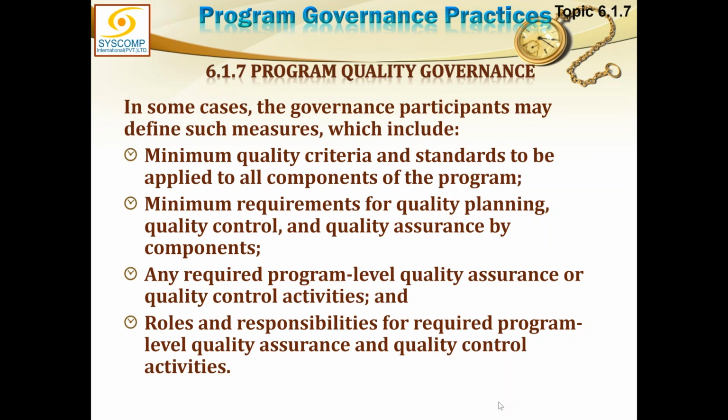Let them do their quality audit, quality assurance, and quality control. But whatever is coming to you from those components, you are supposed to be doing the quality control or assurance at that level, and that would be the consolidation level.